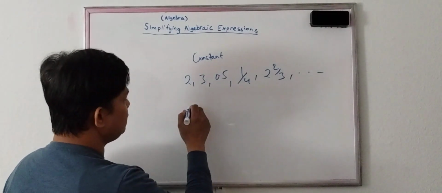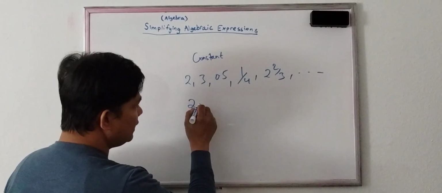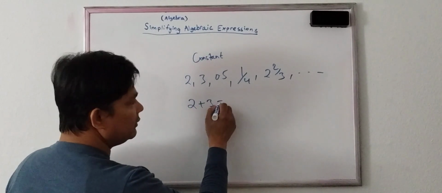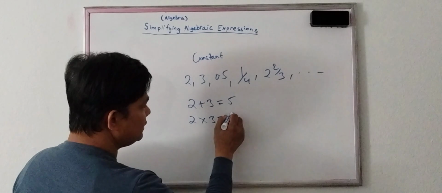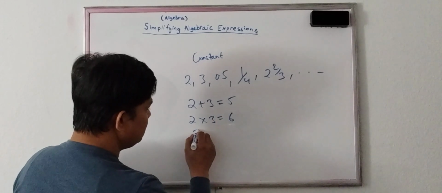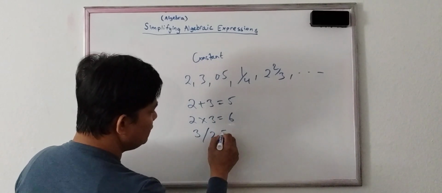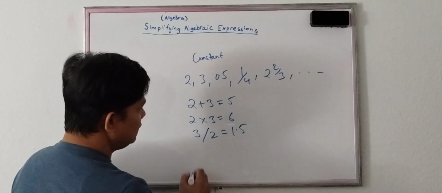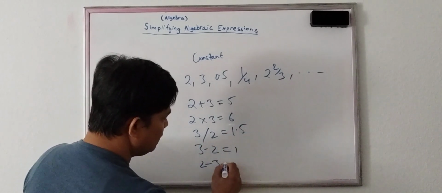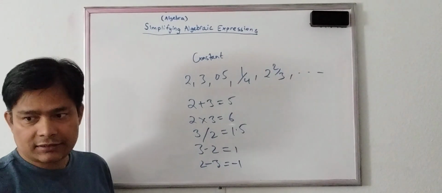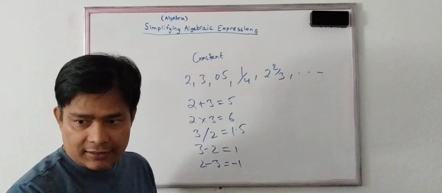And when I have to apply any mathematical operation on them, let's say 2 plus 3, we know the answer, or 2 times 3, or 3 divided by 2, or 3 minus 2, or 2 minus 3, we know these answers. Okay, so far we have learned.